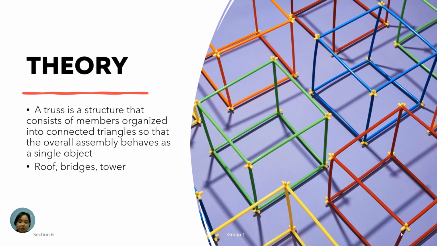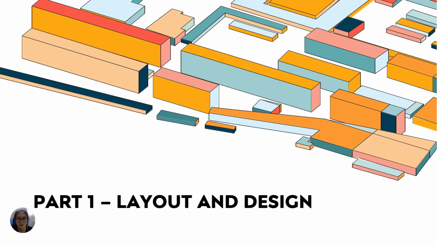Theoretically, a truss is a structure consisting of members organized into connected triangles so that the overall assembly behaves as a single object. Commonly, a truss is used in the construction of roofs, bridges, and towers.